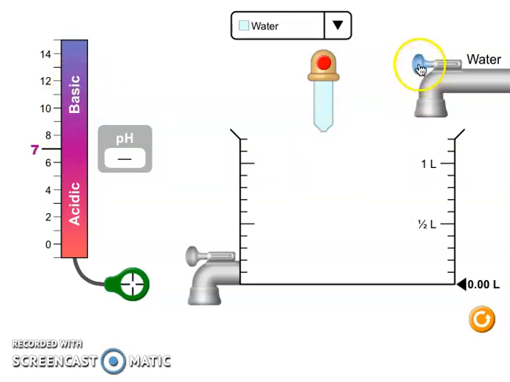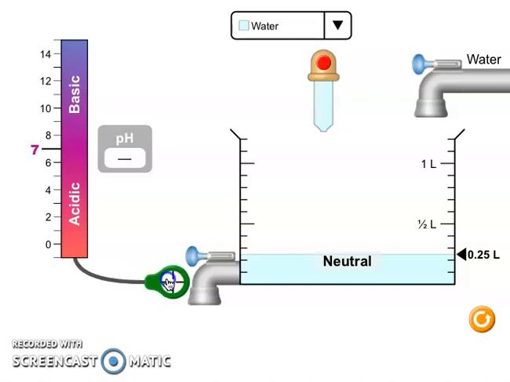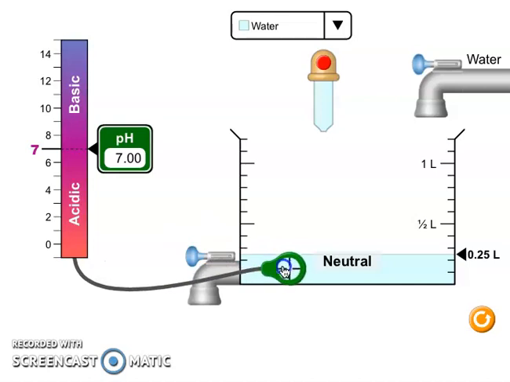So we're going to start with neutral. I'm going to fill my little container with water, like so. The volume doesn't really matter. We would be using universal indicator, and I'm going to talk about that in our lesson. But universal indicator would change color depending on what we're putting it into. This is what's called a pH probe. So you essentially put a probe into your solution, and it gives you a readout value.